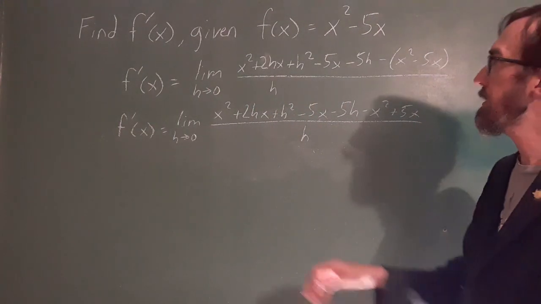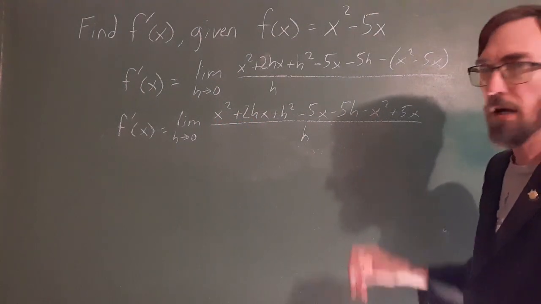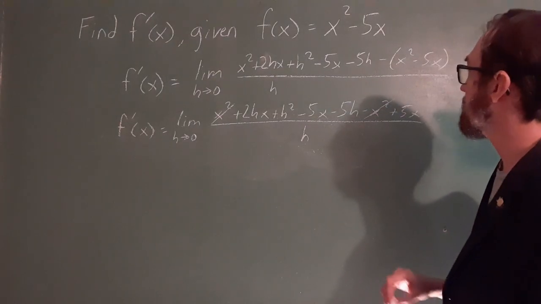Once we have that plugged in here, we can notice that this x squared and this x squared have opposite signs, so they cancel each other out.